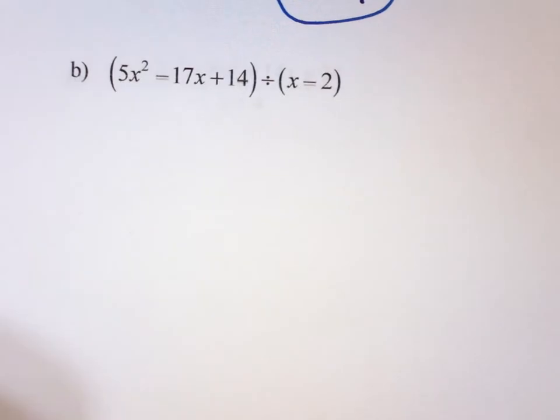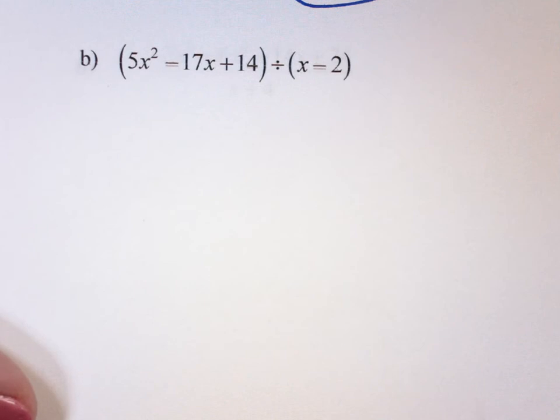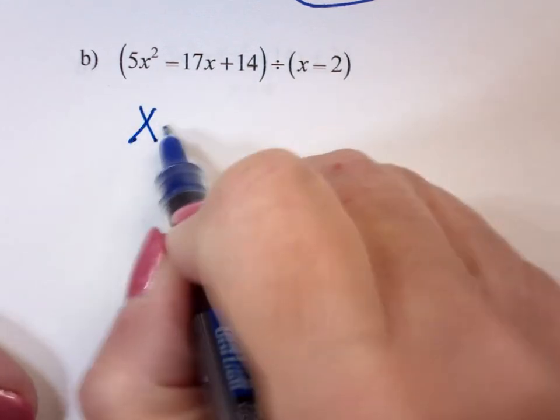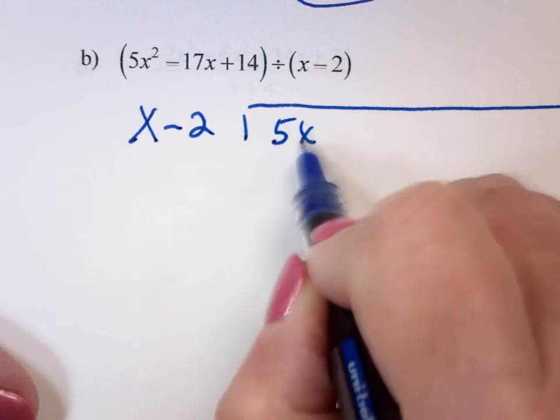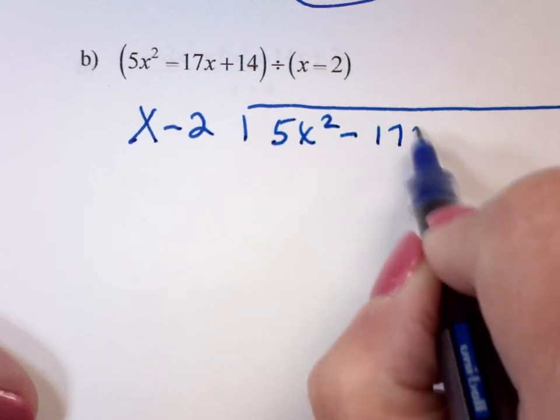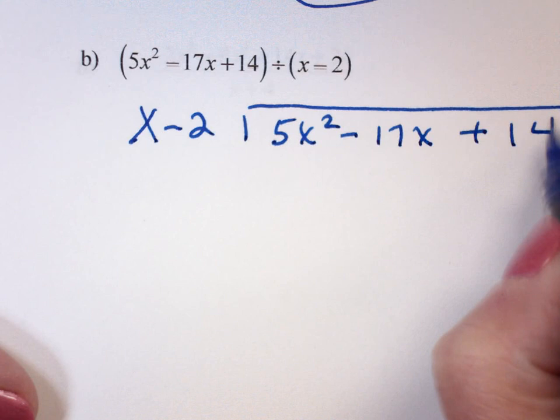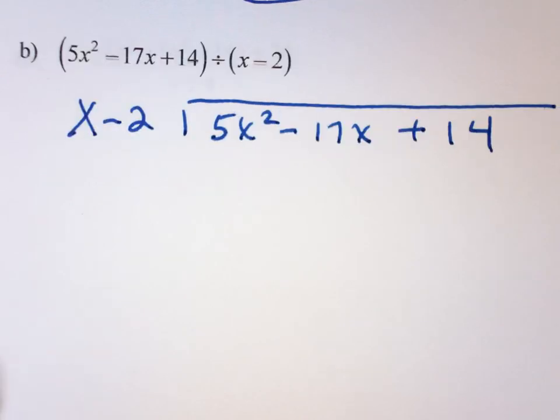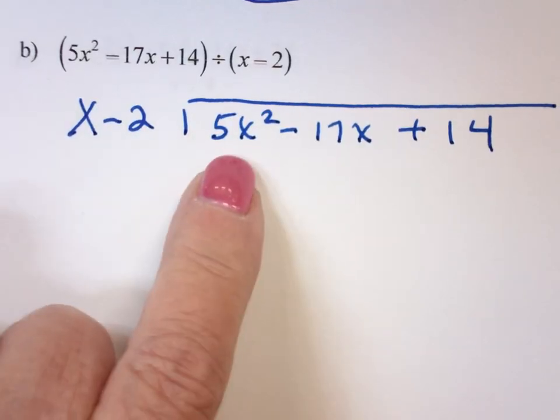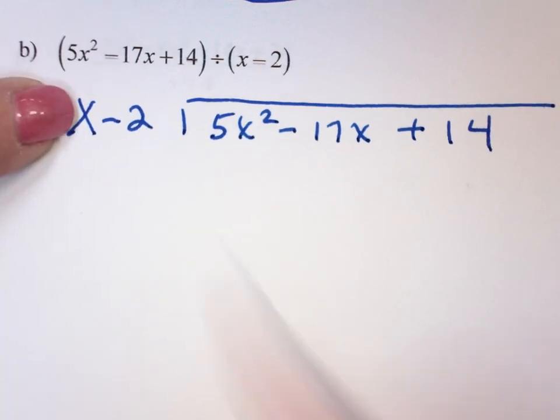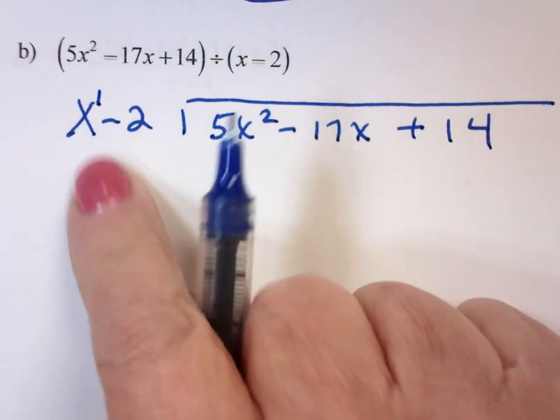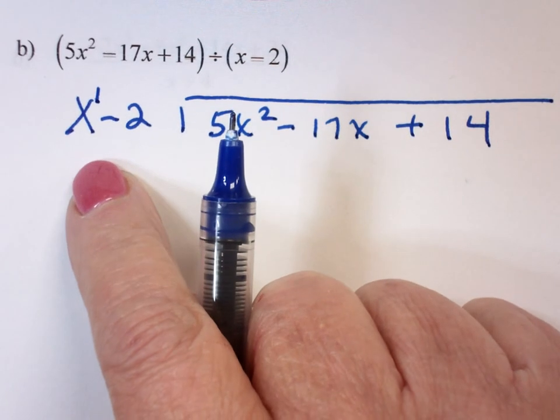x minus 2. So I need to kill the 5x squared, because since this is degree 1, my remainder has to be a number, degree 0, constant.